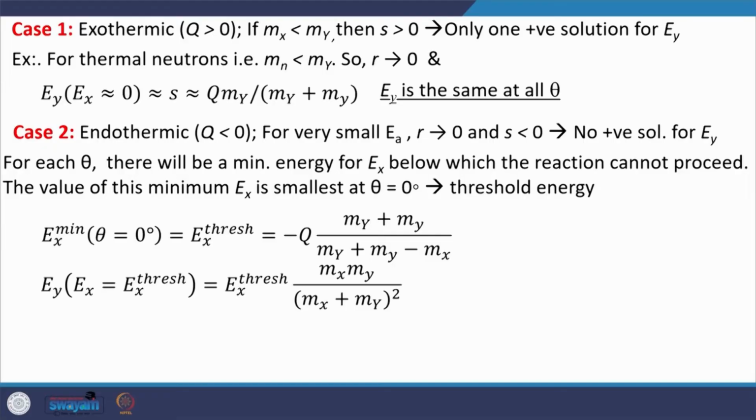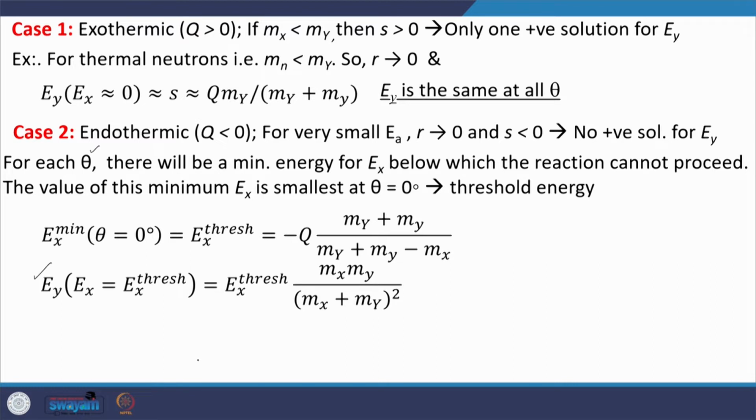If you remember, in the last class I ended the discussion with this expression of ejectile energy when the reaction is endothermic. We have seen that because there is no positive solution for ejectile energy for every value of theta, that is the angle with which the ejectile is moving forward with respect to the beam direction, there will be a minimum energy for the projectile beam below which it is not possible for the reaction to happen.